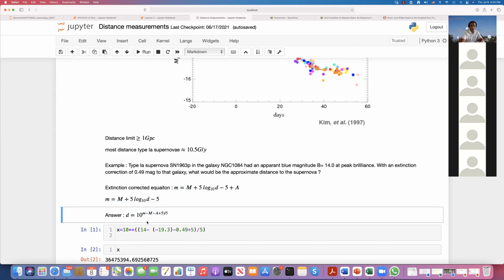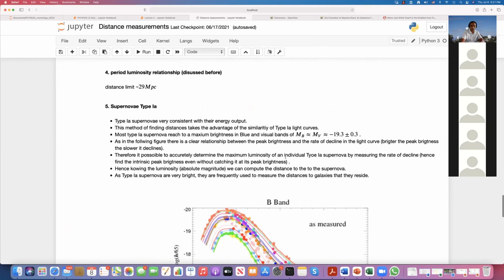And for the distance, we know the apparent magnitude because that is what we can measure. And at the same time, this value right here, minus 19.3, comes from this information right here, because this is a constant for any supernova.